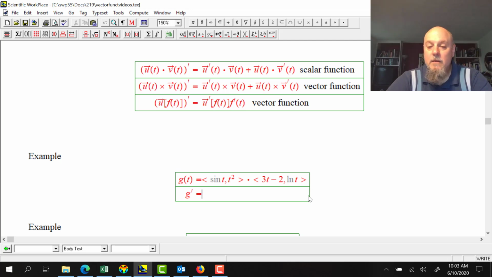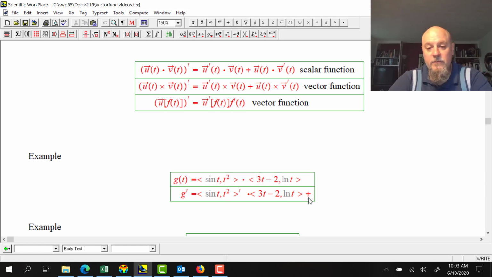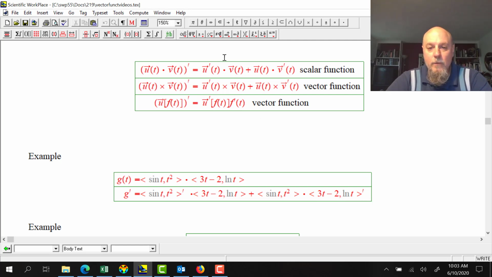And it's supposed to be the derivative of the first, so I'm going to write it in an unusual way. Dot product, leave the second alone. Plus, leave the first alone times the derivative of the second. I'm following this rule here.